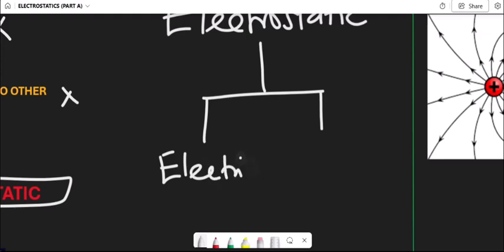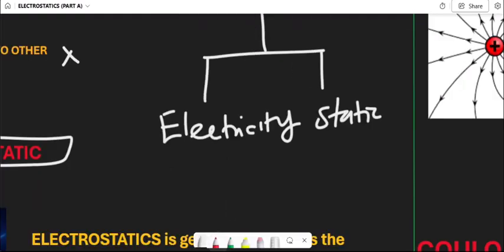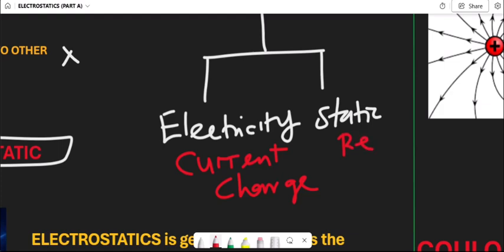When we talk about electricity, we usually talk about current, or you can just say charges. Then static usually comes with a word like rest, or most of the time we call it potential.